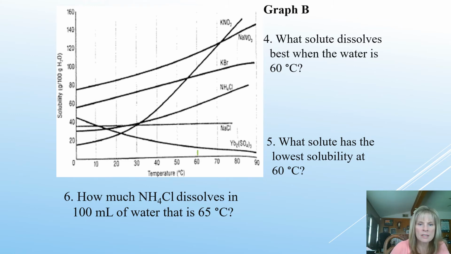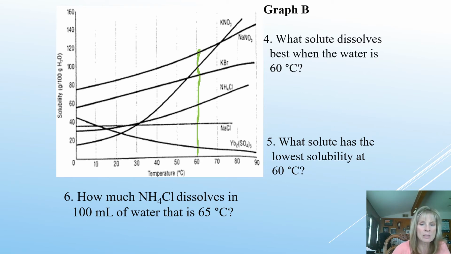So you follow that 60-degree line up to whichever of the solutes has the highest solubility at that particular temperature. Sorry, right there. So it looks like sodium nitrate, that's the sodium nitrate line. So sodium nitrate dissolves best at 60 degrees.